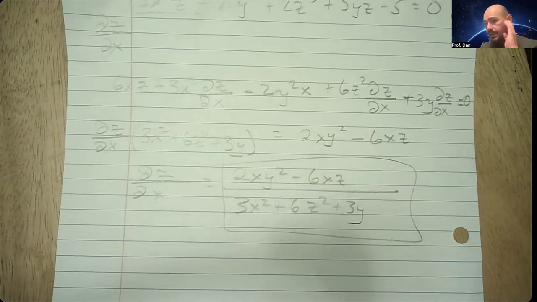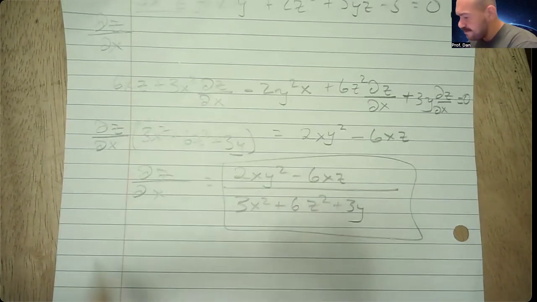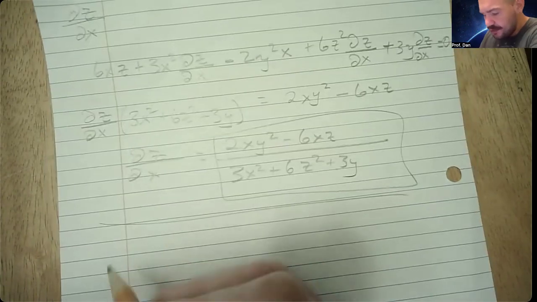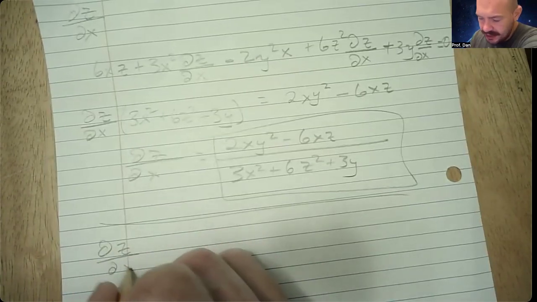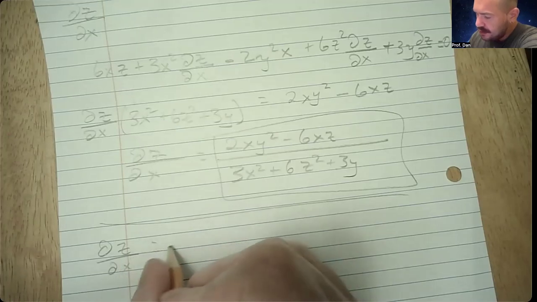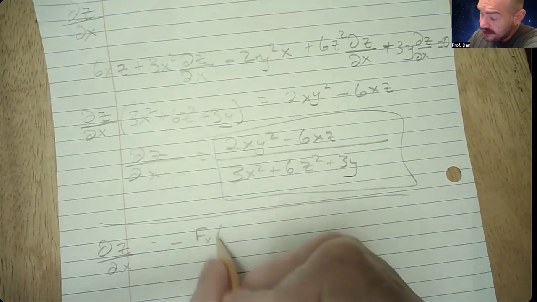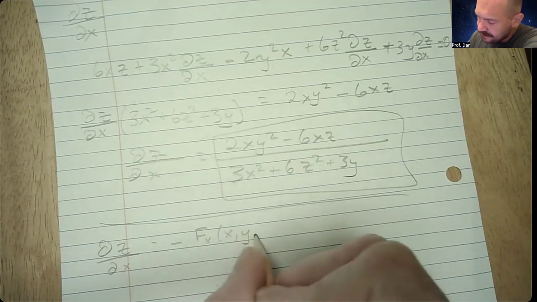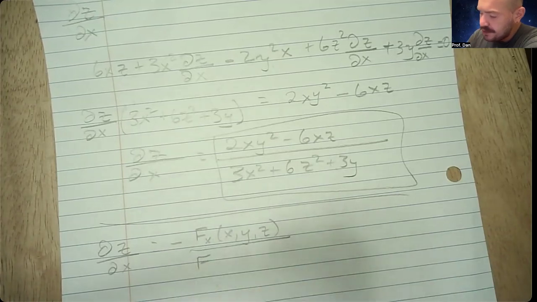Now, there actually are similar rules that we could use with partial derivatives to simplify that process. And here are the rules. If I want to know the partial of z with respect to x, I would get negative partial with respect to x over partial with respect to z.